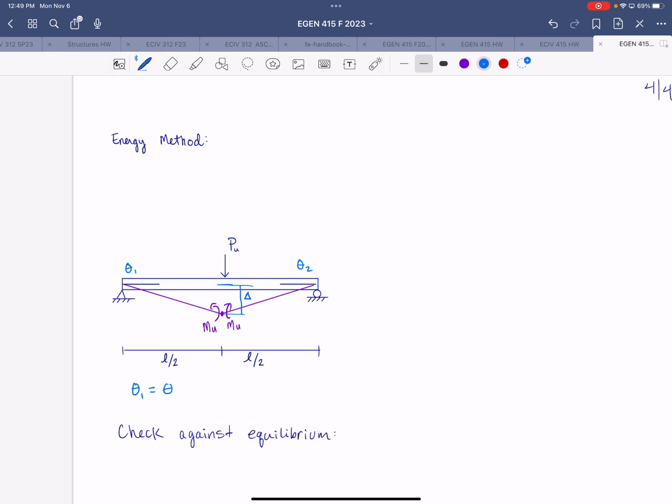So theta 1 and theta 2 are equal. We'll just call them theta. And we're also going to apply the concept of small angle theory, which says you can equate an angle to the tangent of the angle. So we'll call theta and say that's equal to delta divided by L/2.